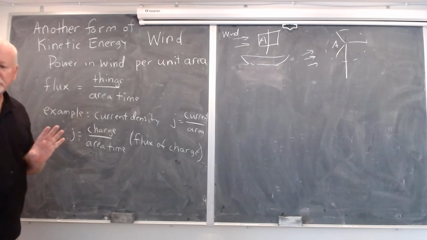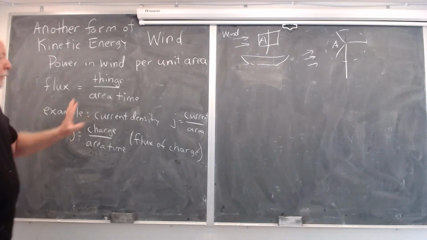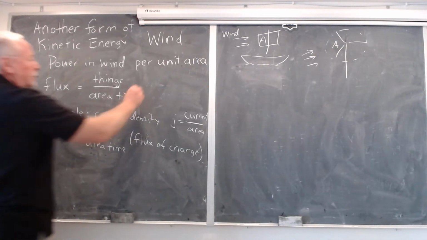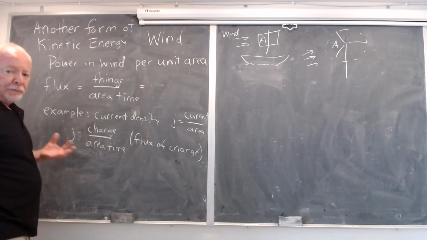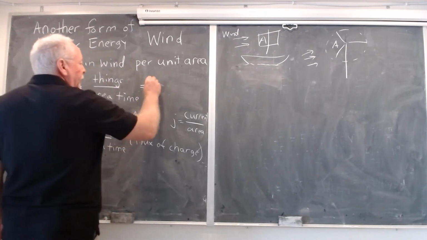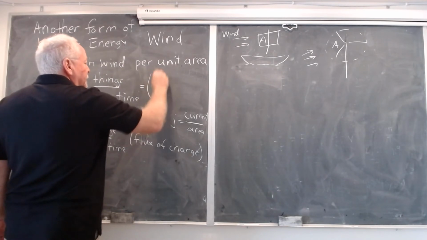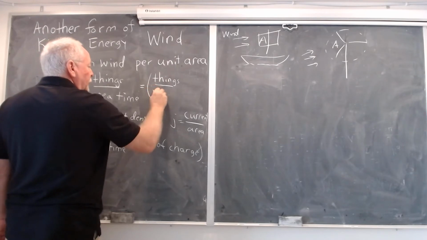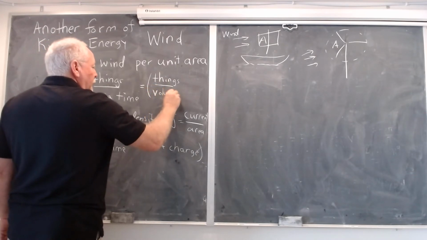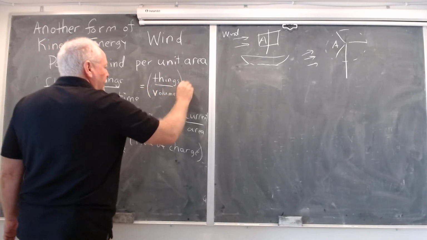We'll get to what we're going to substitute for thing in a moment. But first, just generally, you can calculate what flux is by taking the things per unit volume times their velocity.